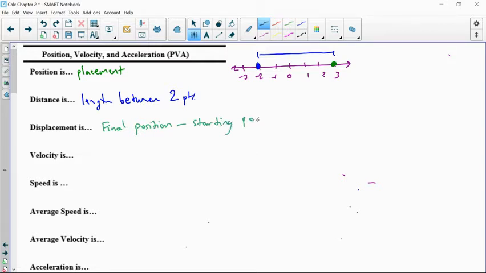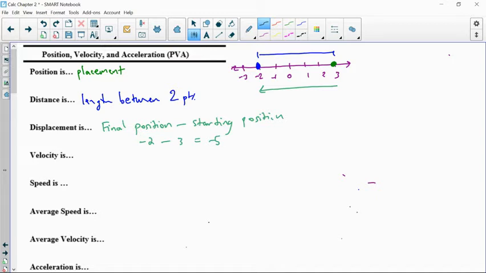If I end up farther to the left than where I started, I'm going to have a negative displacement. So if I start at 3 and end at -2, even though it's a distance of 5 units, my final position was -2. I subtract my starting position, and so I end up getting a displacement of -5. Displacement can be negative. Distance is always positive.